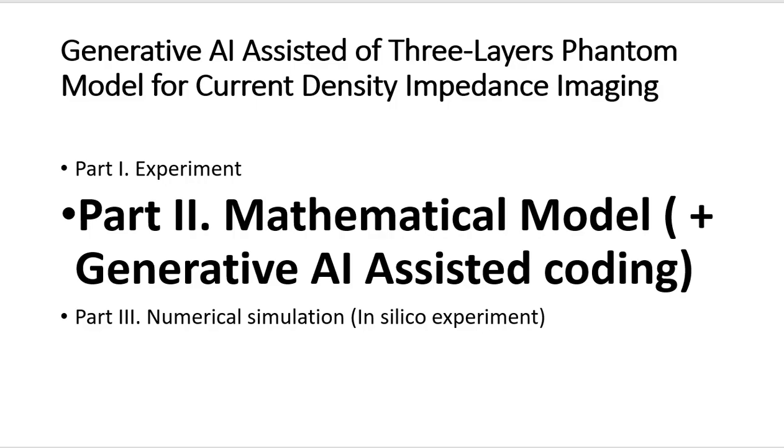In the second part of my talk, we will address the mathematical model when we apply currents to the object, and with the help of generative AI, we will create code based on the given mathematical model.